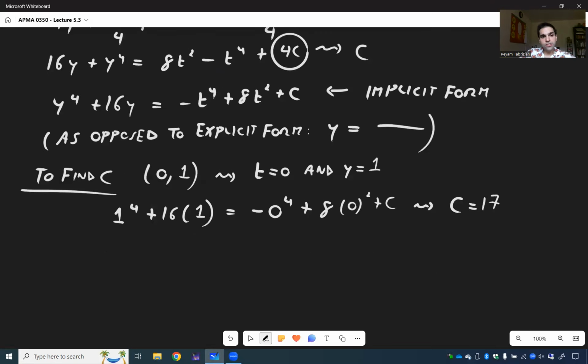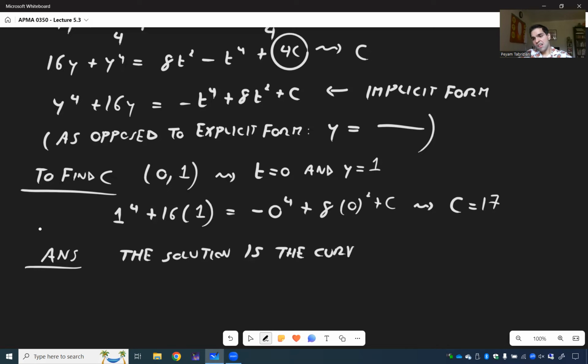So what is the answer? The solution is the curve y to the 4th plus 16y equals minus t to the 4th plus 8t squared plus 17.